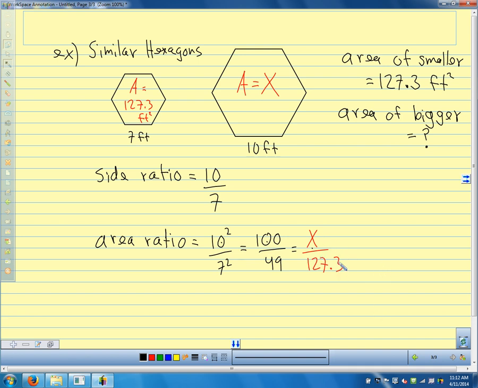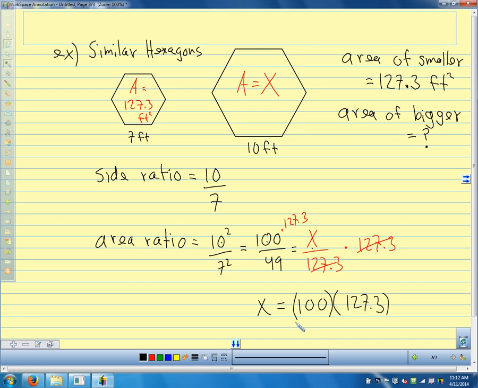Well, how do I solve for X here now? We're almost home free. Cross multiply, and because we set this up so our X is on top, all I need to do is multiply both sides by 127.3. Those cancel, and I get X equals, when I turn my equation around the other way, 100 times 127.3 divided by 49. This is what I'll plug into my calculator.